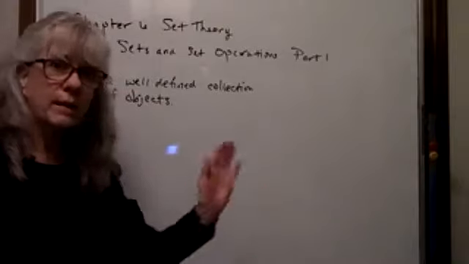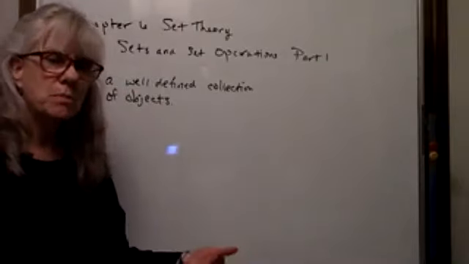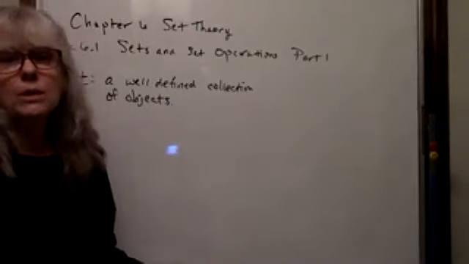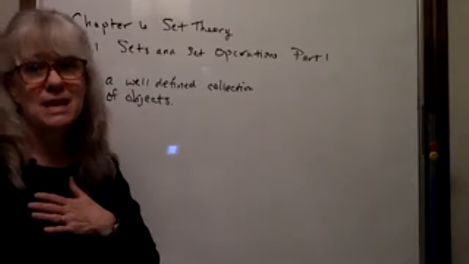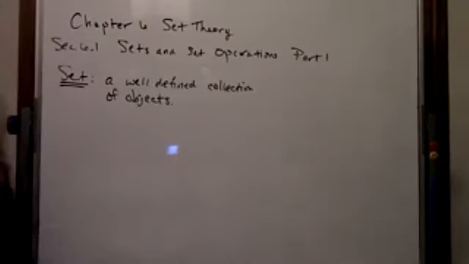That's well-defined. We can point to somebody, measure them, tell whether or not they're over 6 feet tall. What would not be well-defined is the set of tall people in the class, because what's considered tall to me versus what's tall to you could be entirely different things.